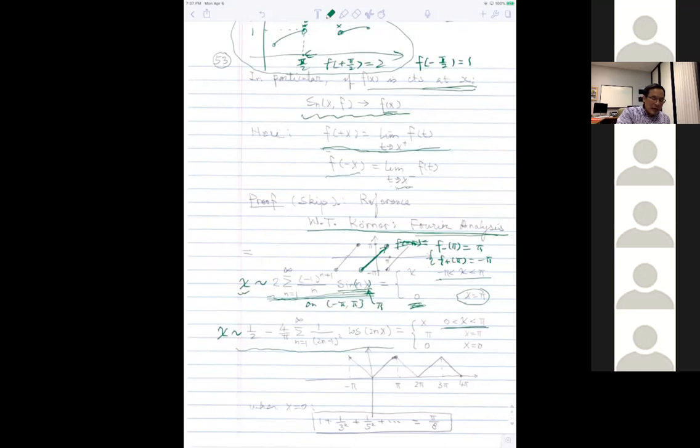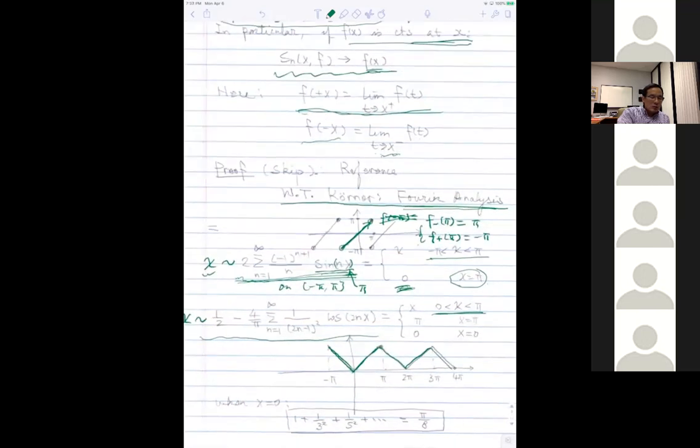If we're going to find a Fourier cosine series, we have to extend it to an even function. So the graph of this function is this. It is all continuous. At x equals pi, this would equal pi. When x equals 0, this would equal 0.